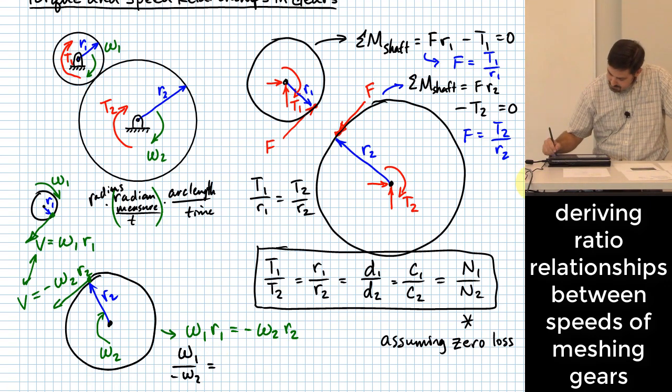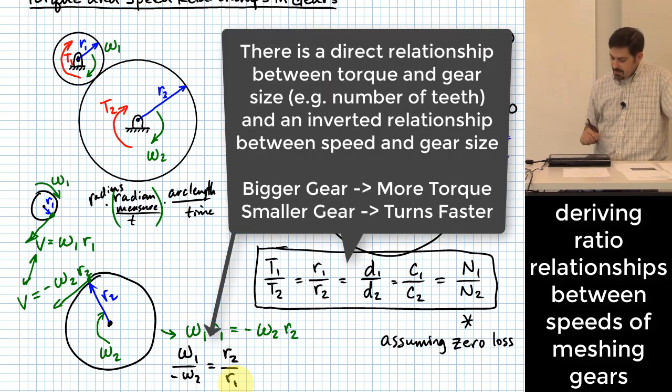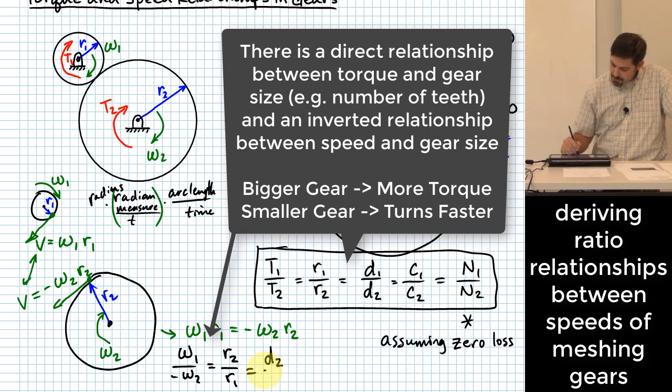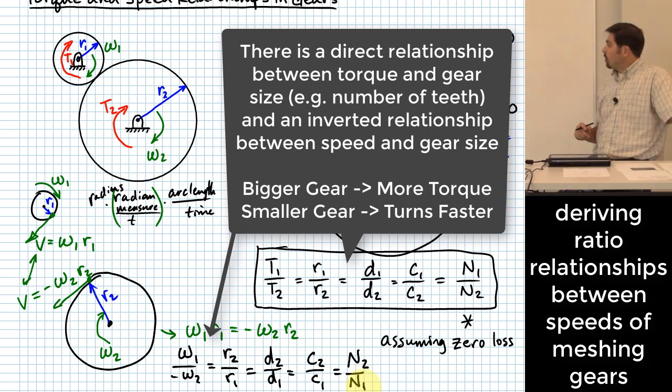It's going to be equal to R2 over R1. And by the way, all the other relationships that I laid out a second ago still hold too: D2 over D1, C2 over C1, where those are circumferences, or N2 over N1 for numbers of teeth.